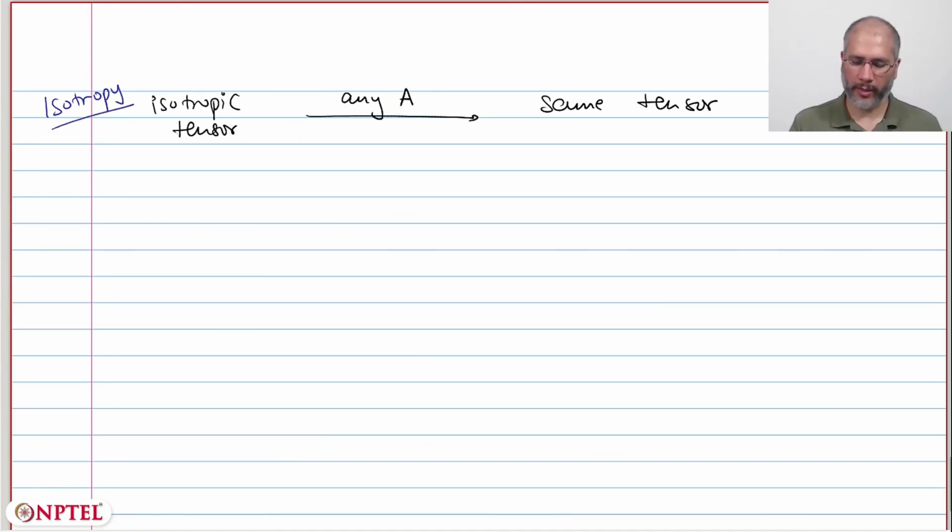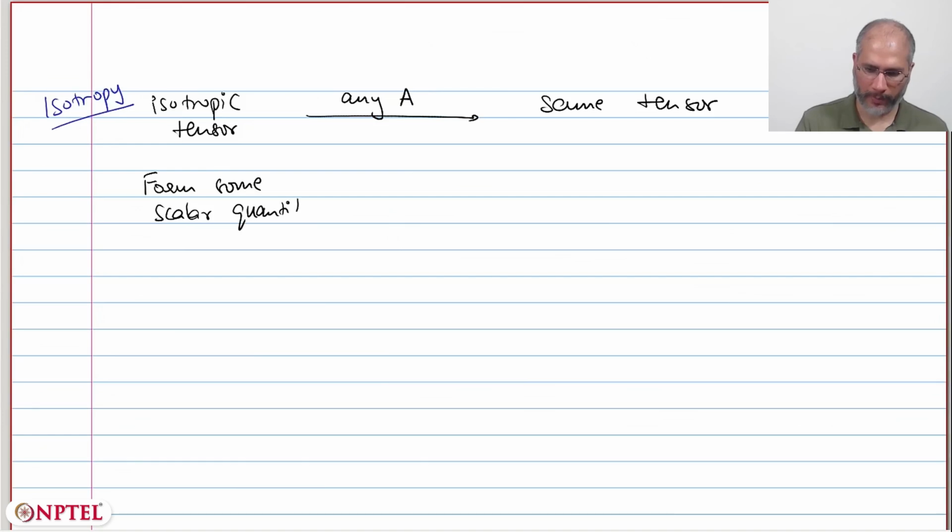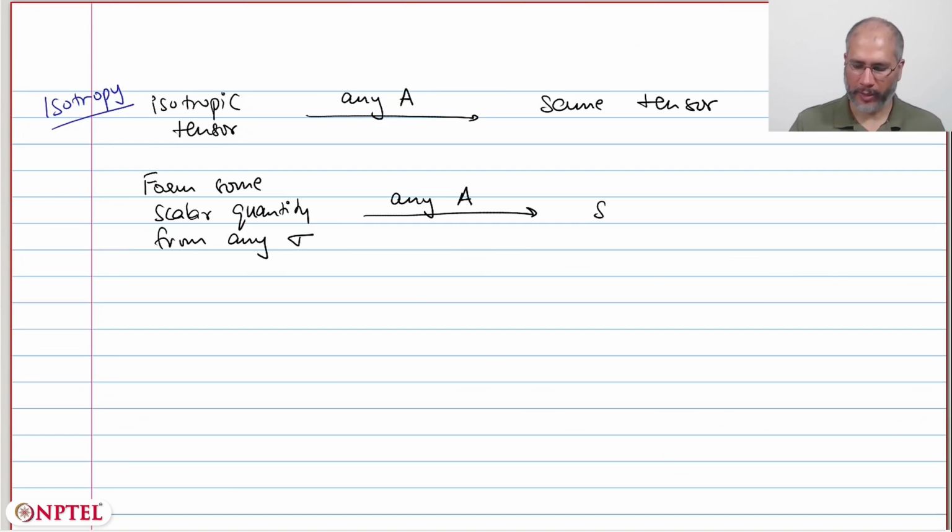Whereas in invariance, you form some scalar quantity from any sigma, and you apply any orthogonal transformation and you get the same scalar quantity back.